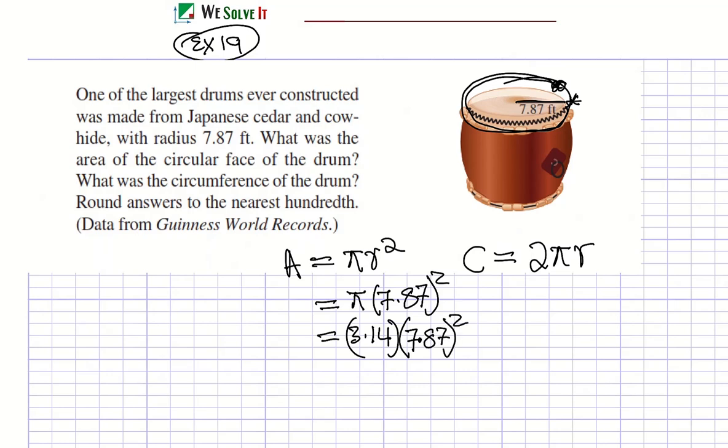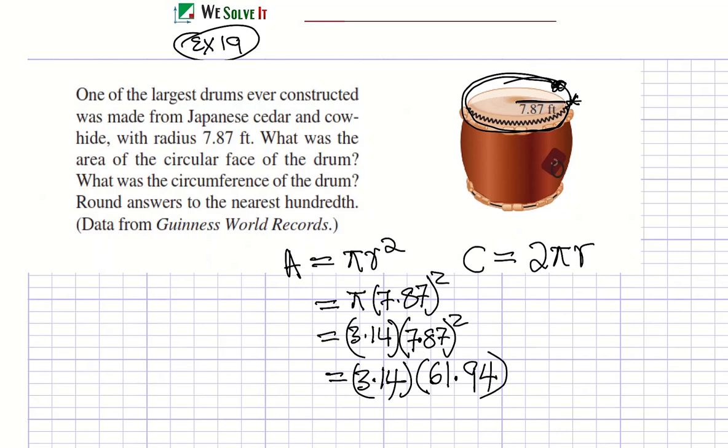So you first multiply 7.87 by itself, because that will give you the square, which is 61.9.